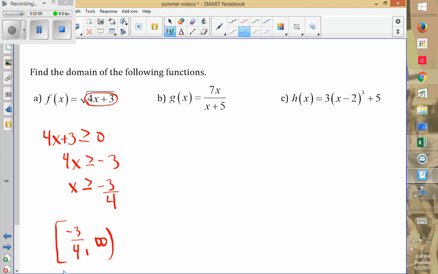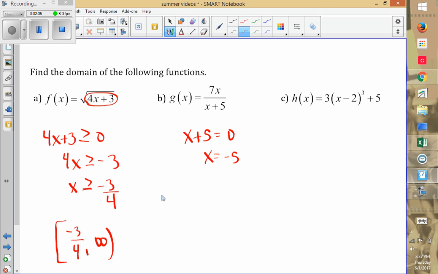You can have a negative, you can have any other number there, that's fine, you just cannot have the denominator equal to 0. So if we take our denominator, which is x plus 5, and set it equal to 0, we will see that our only issue is going to be when x is equal to negative 5. We will not be able to get a y value out. So every other number works.